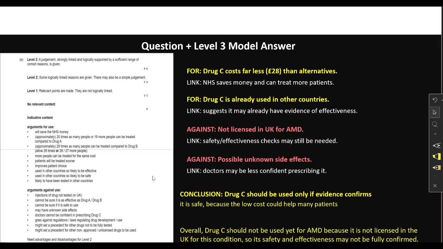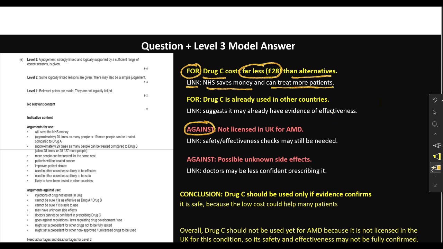To get level 3 marks on this question, you must include both for and against. Drug C costs far less, £28, than alternatives, meaning other drugs, so it should be used. And the link you provided is that this will save NHS money and can treat many more patients.